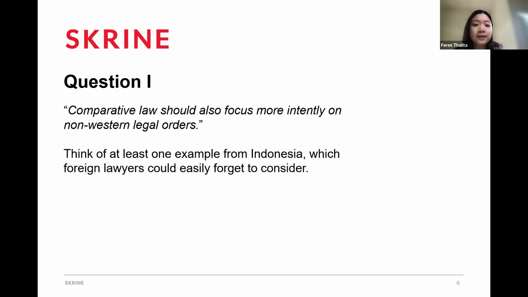For example, the Pancasila itself, because most of the time when I studied in FH4 as a law student, the lecturers also link it with Pancasila and the Indonesian Constitution as the judicial basis of basically every law that exists in Indonesia. So that's my answer.